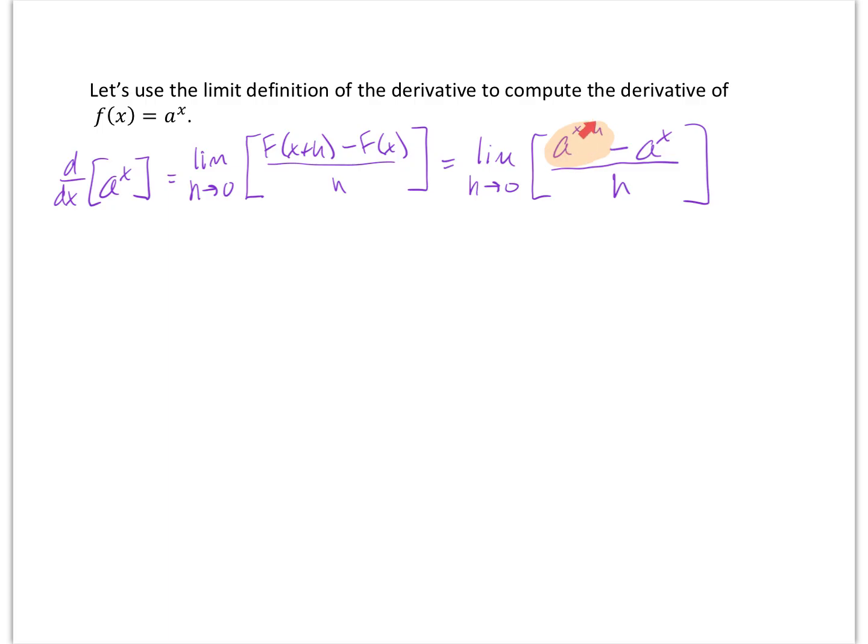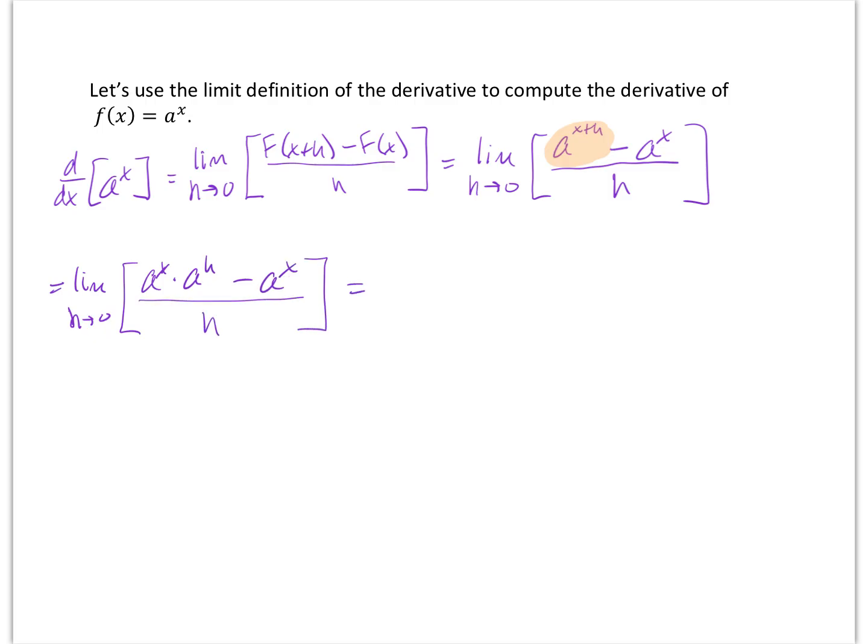So I'm going to rewrite this as a product, a to the x times a to the h. So instead of a to the x plus h, we have a to the x times a to the h minus a to the x all over h.